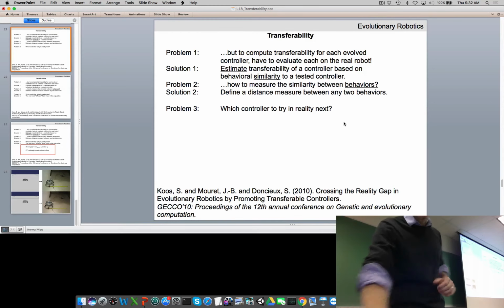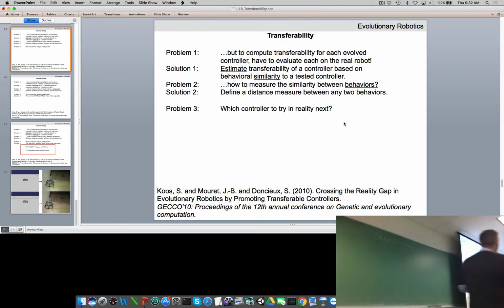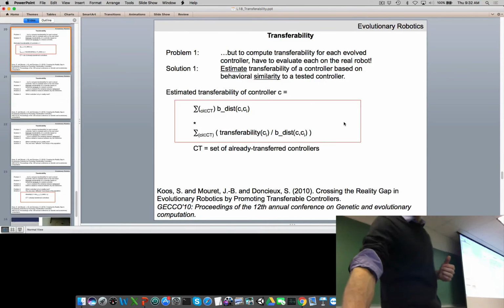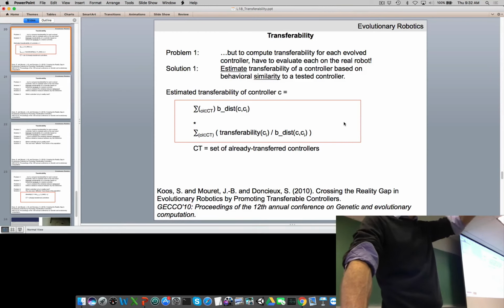So we're going to use that. We can now take all of the controllers in the population that have not yet been sent to the physical robot, and we can use this to estimate their transferability. So we make predictions. That one's transferable, that one's not so transferable.